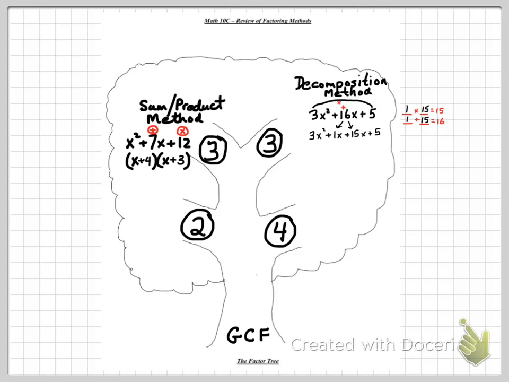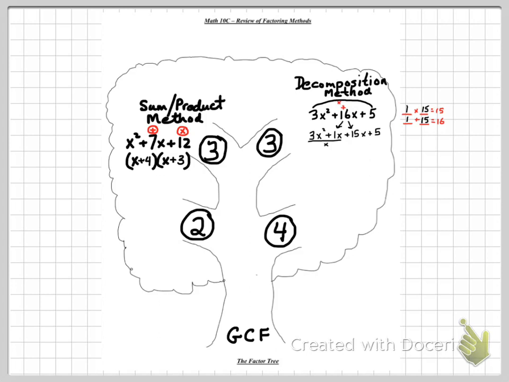Now, from here we've got 4 terms. We're going to factor this by grouping, which means we're going to factor the greatest common factor out of the first 2 terms, 3x squared plus 1x. The biggest thing I can divide into both of those terms would be 1x.